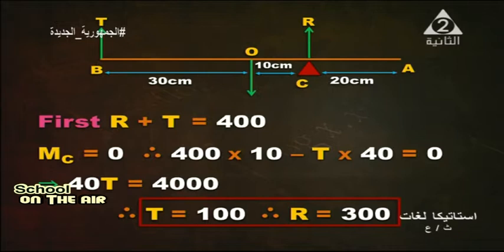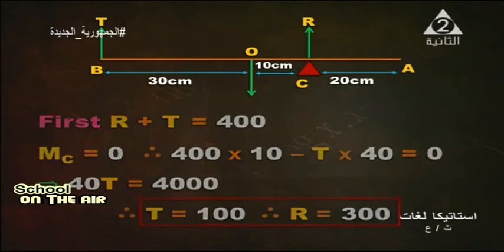Therefore, we know that R plus T equals 400. We have an equation in two variables. We need to calculate one of them. We find the moment at point C. Moment at point C, we calculate the tension. The tension equals 100 Newton. After that, R, or the reaction on support C, equals 300 gram weight.